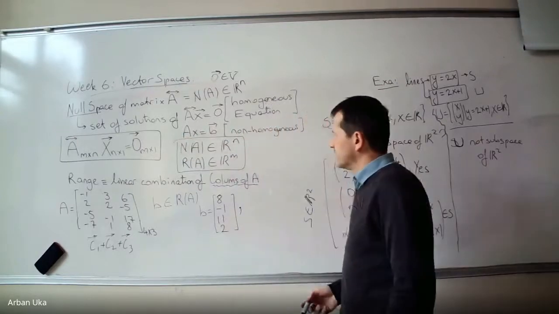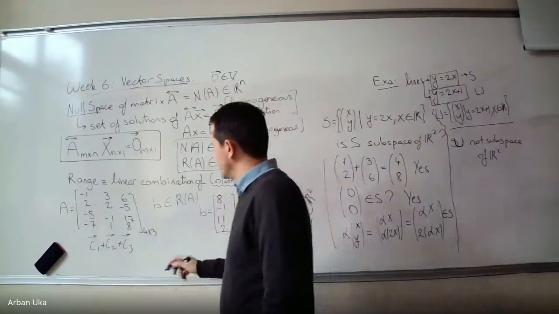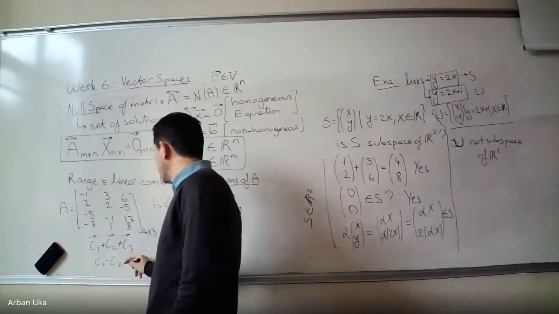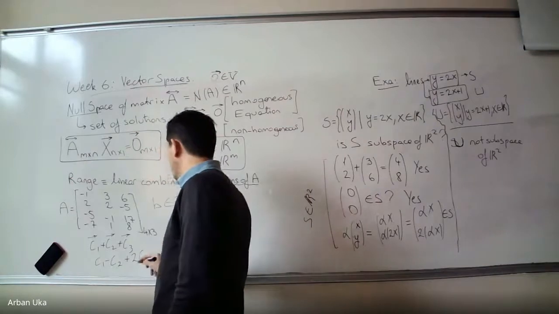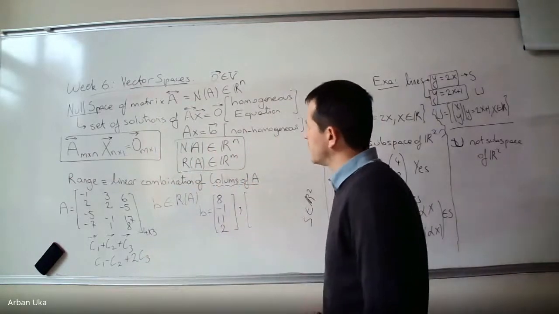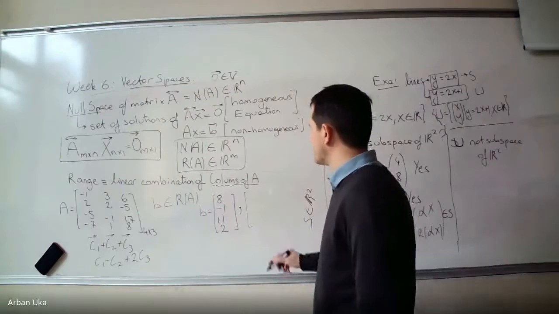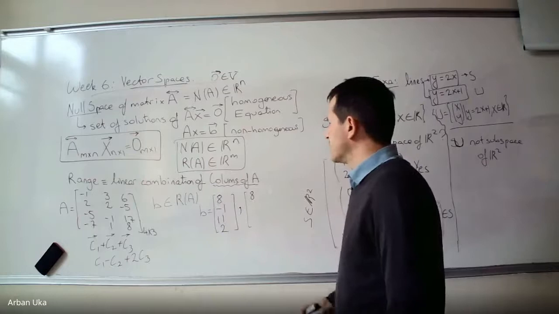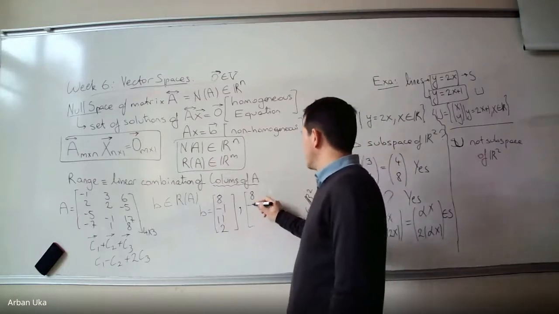We can find another vector, so we can do the following: C1 minus C2 plus 2 times C3. So this would be another vector. Let's see what we get. C1 minus C2: 1 minus 3 minus 4 plus 12, 8. Then we have 2 minus 2, 0, minus 10.